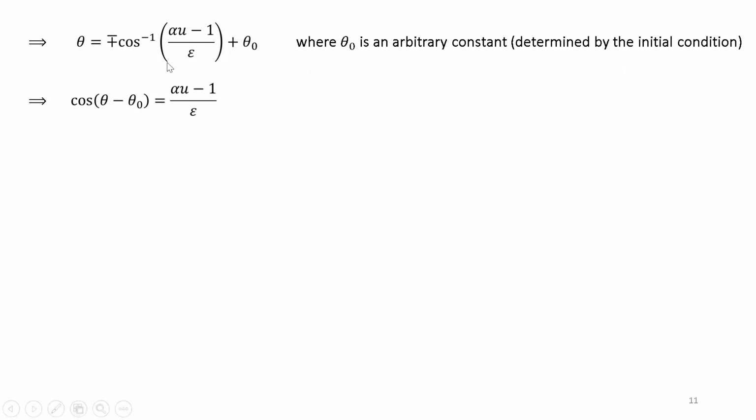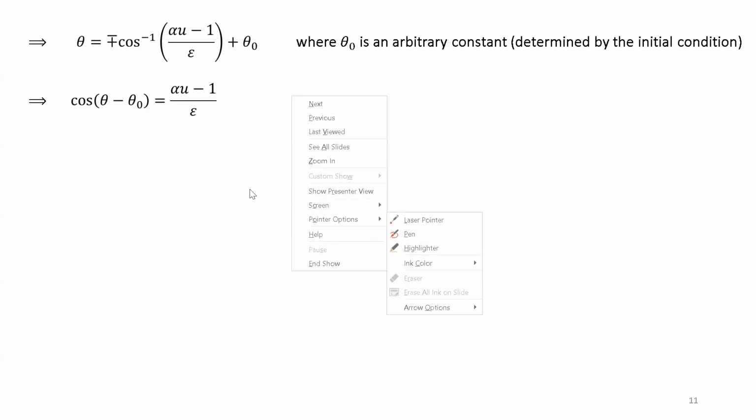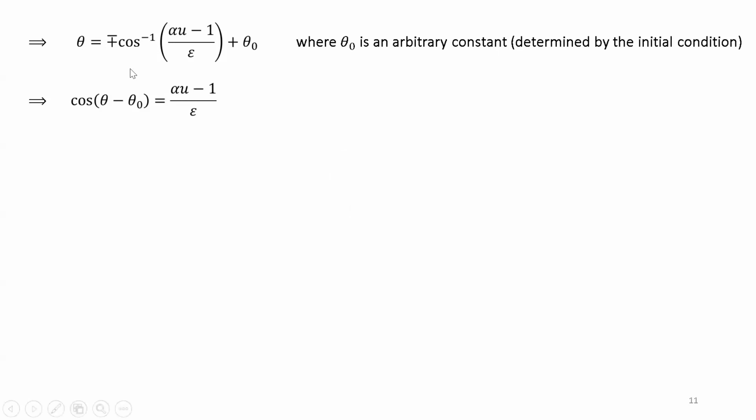So now if I move this theta naught to the left hand side, and then take the cosine of both sides, this is what I got. One small thing here is that the plus minus sign disappears, but it is just because cosine x equals cosine minus x, so you can absorb the plus or minus sign.